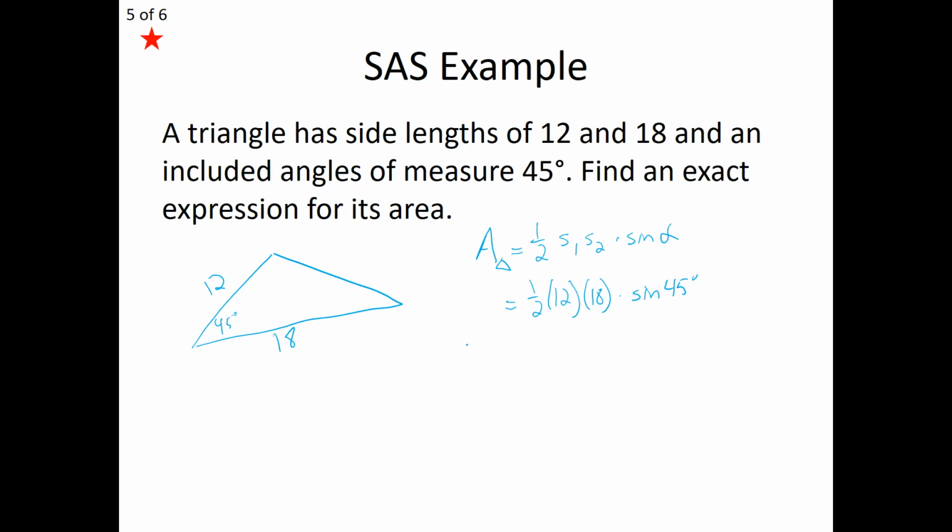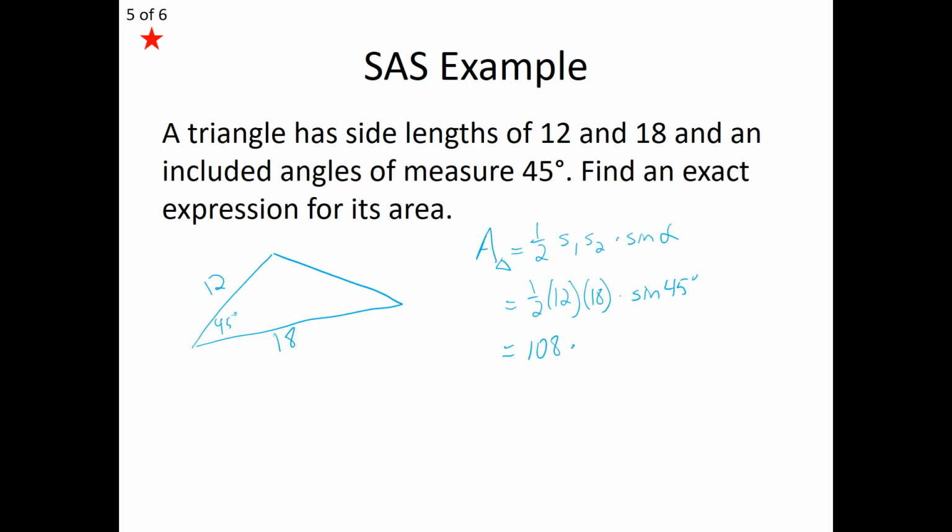Let's go ahead and evaluate the area of this triangle. I'm going to start by multiplying our rational values right here in the front. So I'm going to do 1/2 times 12 times 18, and after we multiply those three values together, I get 108. That's still multiplied by the sine of 45. But the sine of 45, remember, gives us a nice ratio.